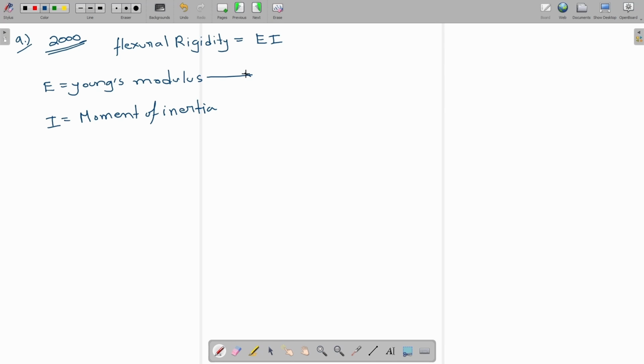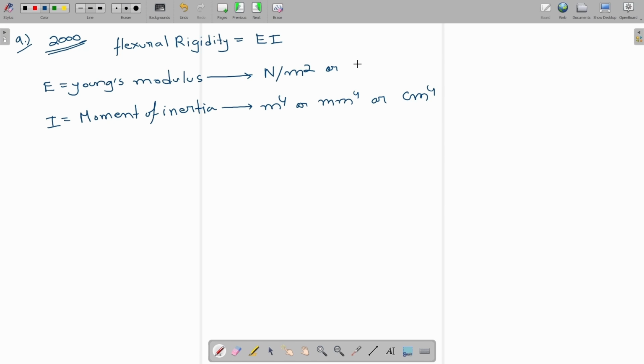Now the unit of Young's modulus is Newton per meter square. And for moment of inertia, it is meter to the power 4 or millimeter to the power 4 or centimeter to the power 4, any length to the power 4.